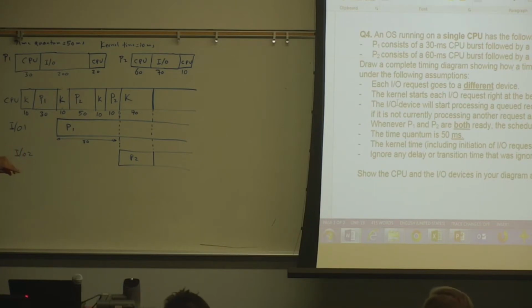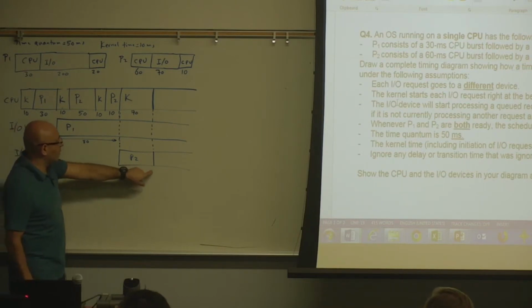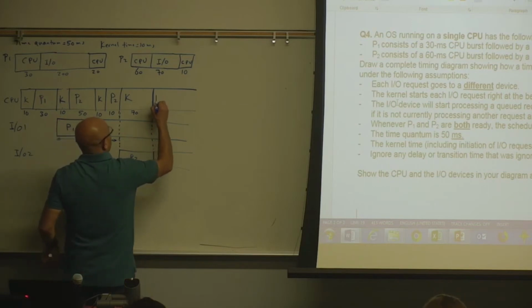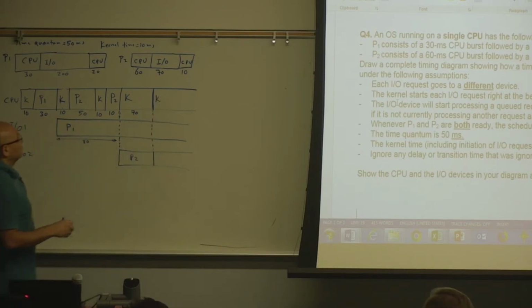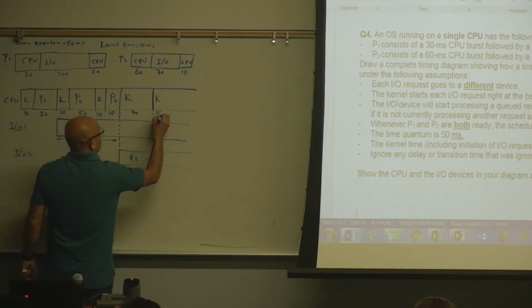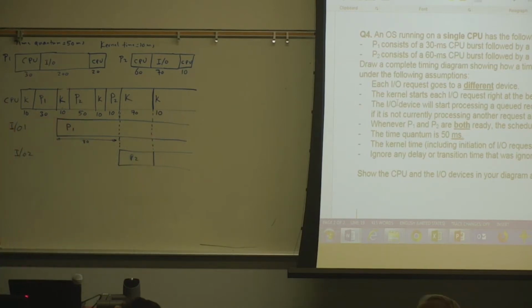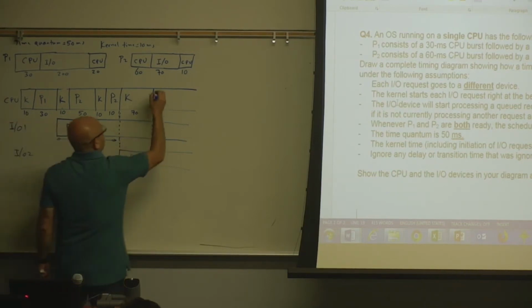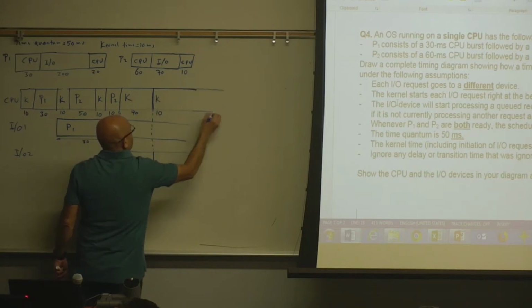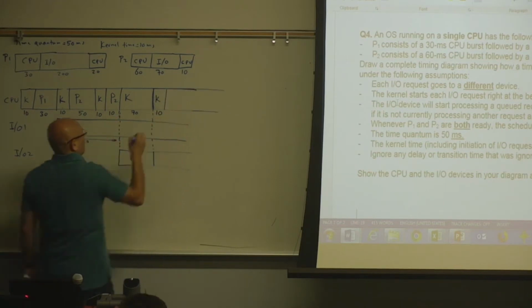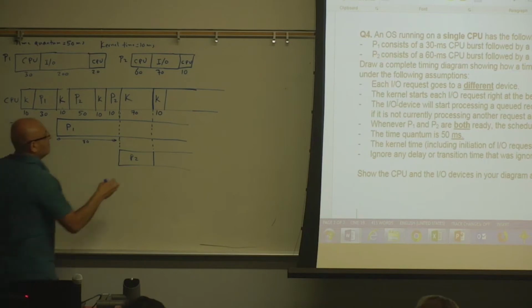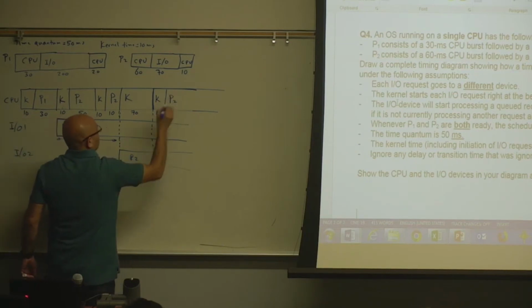It will need to service the interrupt that will get generated by the I/O device. So let's put the kernel time here. So the kernel will get the CPU, it will do the copying, and it will look at the ready queue. Then it will give the CPU to which process? P2. Because P2 is now the only process that is ready.